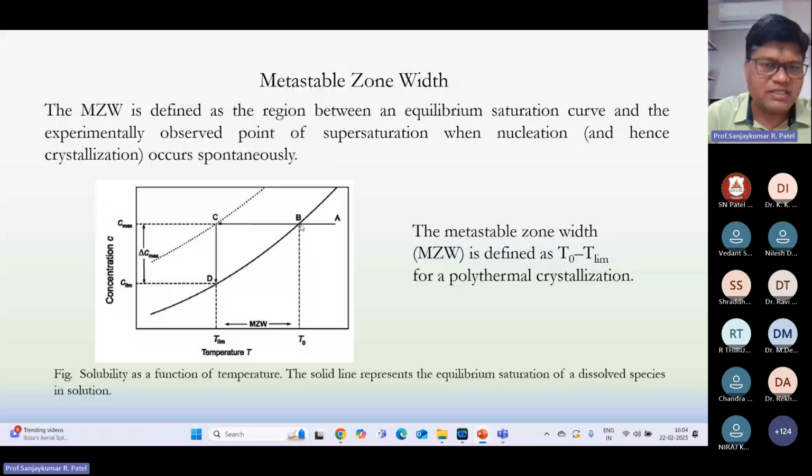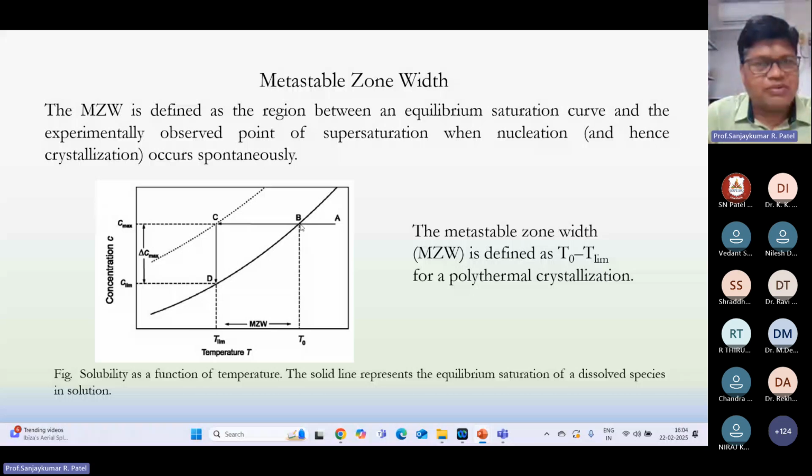So the creation of the supersaturation is being done by changing the temperature. Let us suppose the saturated concentration is at T0, and then supersaturation is created at this limit of temperature at which the first nuclei happen in the concentration.